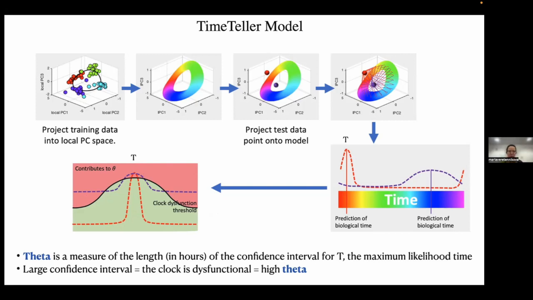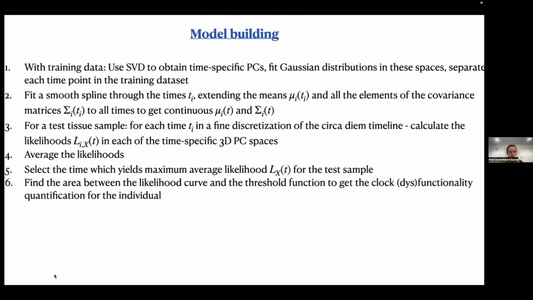It's very closely related to the confidence interval for the predicted time, the maximum likelihood time. High theta would be a very dysfunctional clock, and that would mean we have a very large confidence interval.